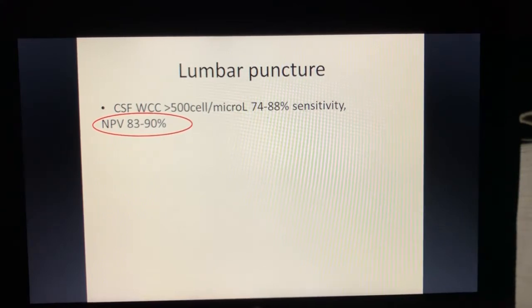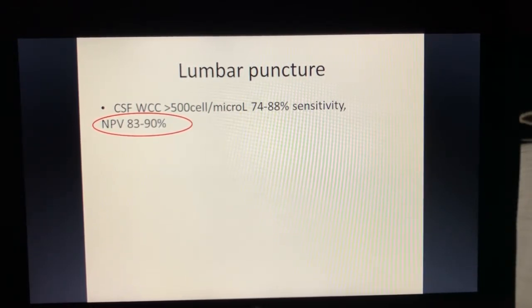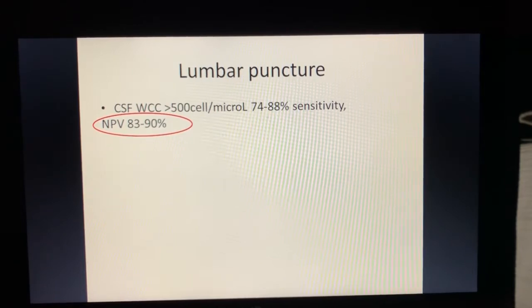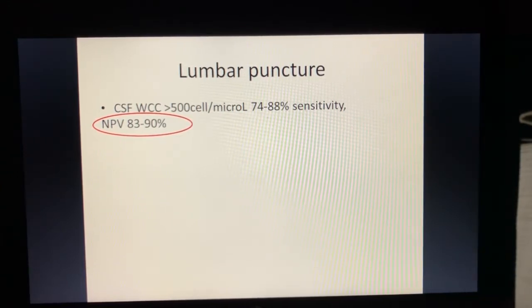Now, if we use a cutoff of more than 500 white cells per microliter, the sensitivity isn't particularly high, and the negative predictive value is not particularly high. It means that if you have a white cell count less than 500, then you might miss between 1 in 5 and 1 in 10 cases where meningitis still is present despite the CSF white cell count being under 500.